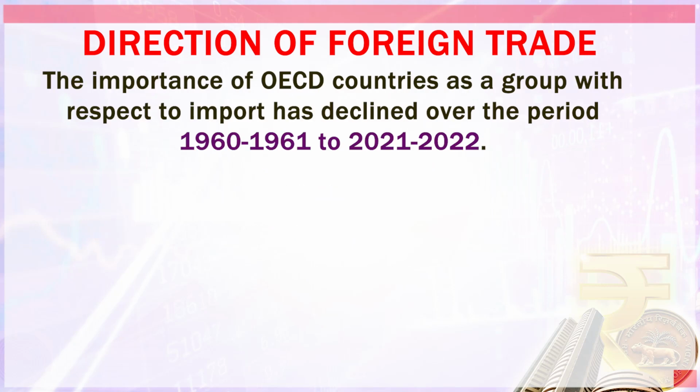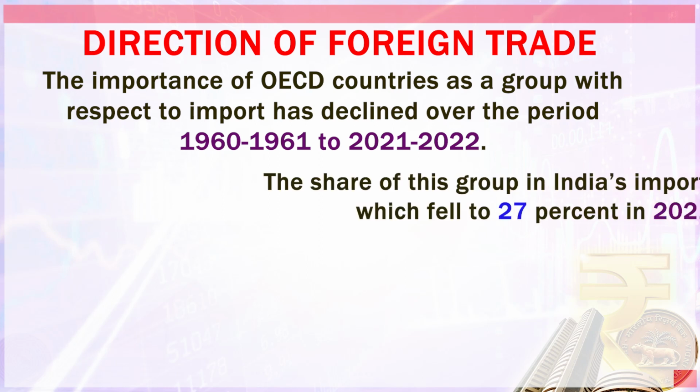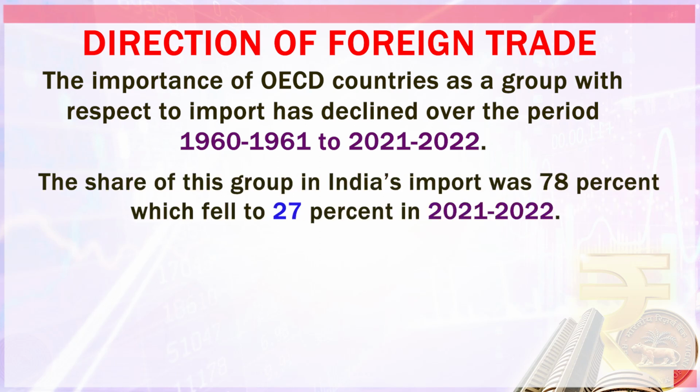Now, at the beginning of the planning period, that means during the 1960s or end of the 50s, OECD countries were important in India's imports. They contributed almost 78% at that point of time, but lost their importance, and currently approximately 27% of total import is from OECD countries.